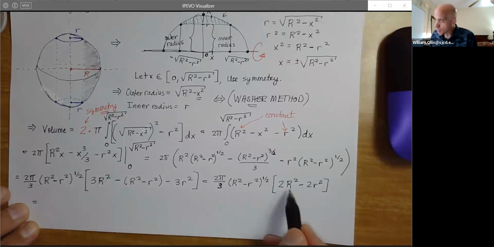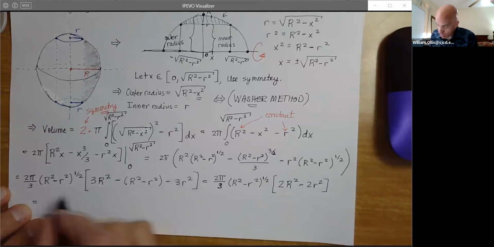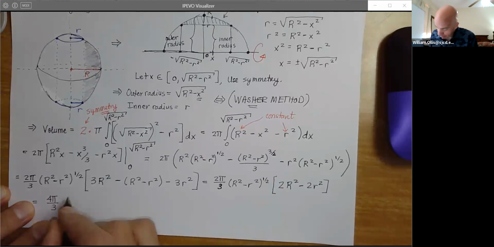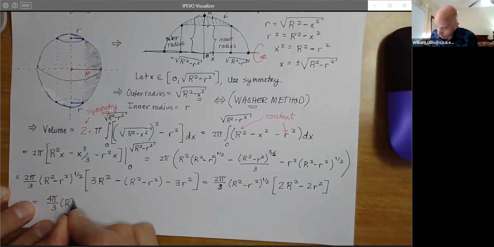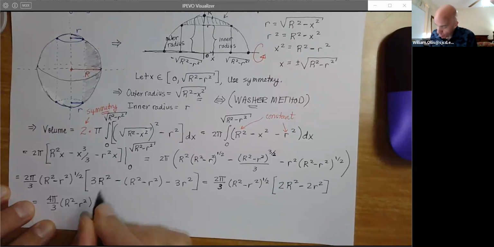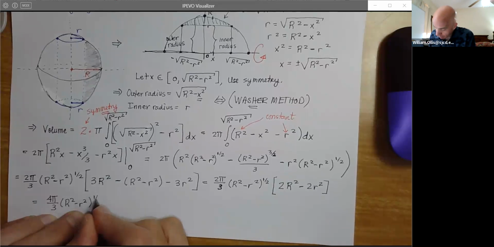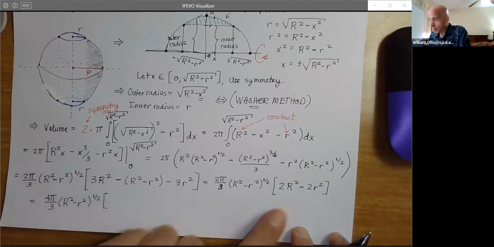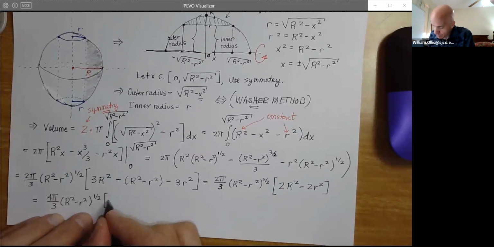So now notice we can go ahead and factor the 2 here. So 2 times 2, that'll be a 4 pi over 3, r squared minus lowercase r squared to the 1/2. And then now, of course, we're left with r squared minus r squared with the cases that we know. But that's just the first power.